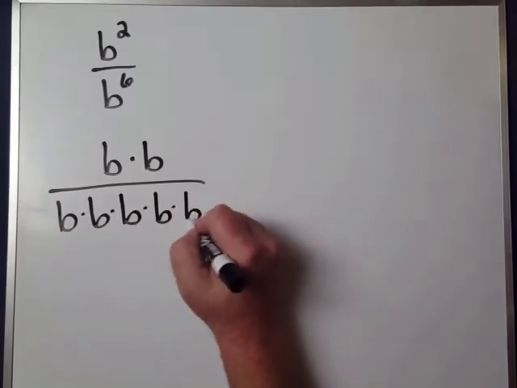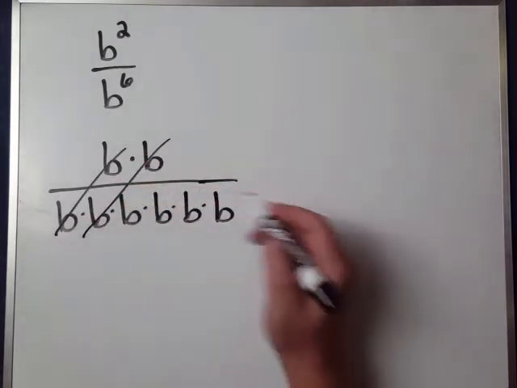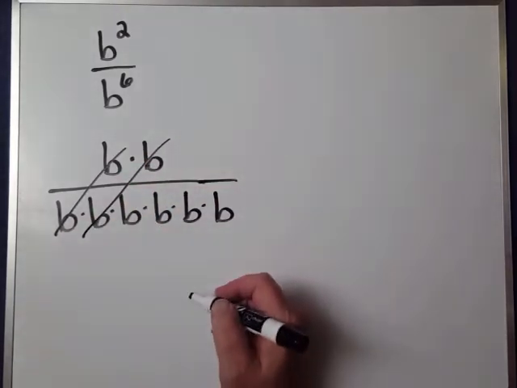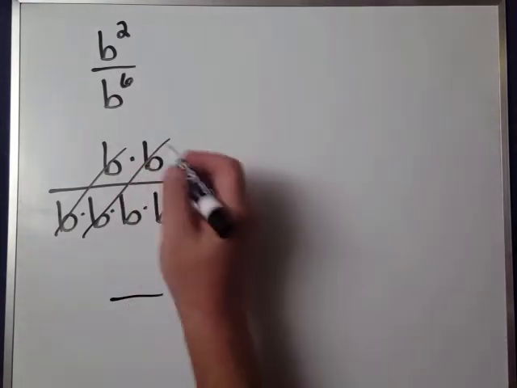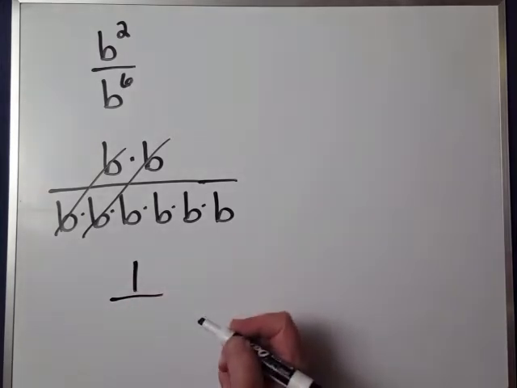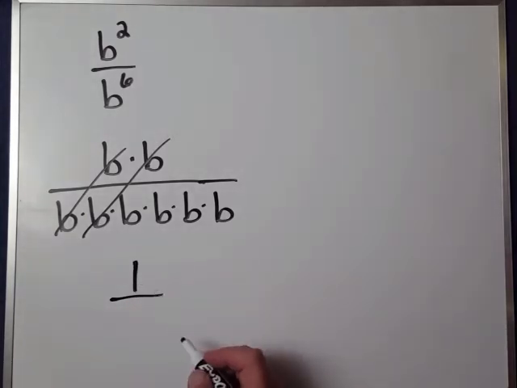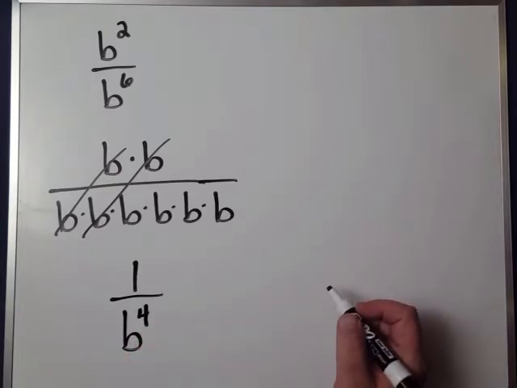And when I'm done canceling, how many will be left and where will they be? 4 factors of b will remain in the bottom. What's left over in the top? Nothing. But this is a multiplicative nothing. So we're left with that residual factor of 1, and in the bottom, b to the 4th.